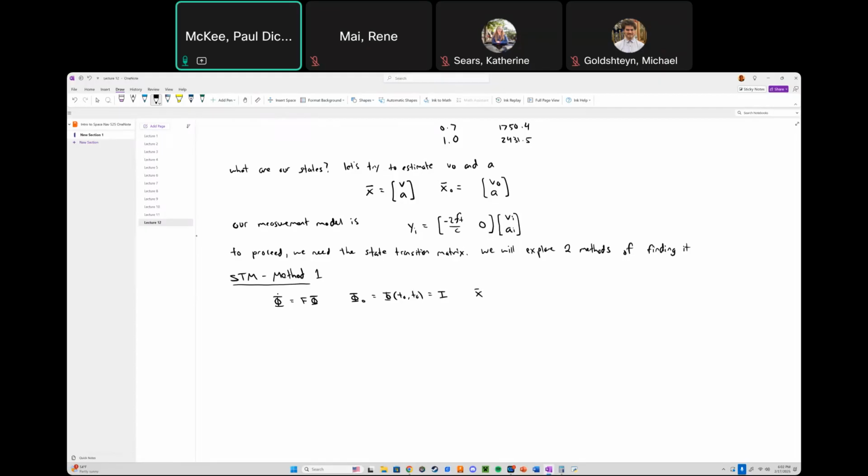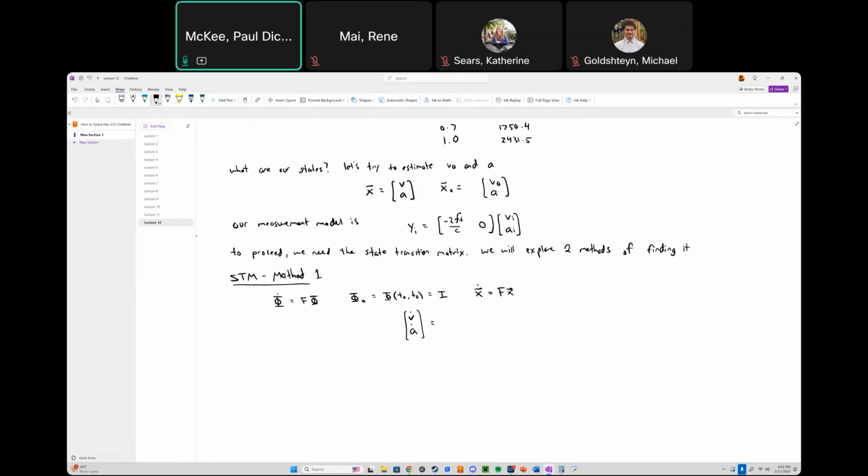And we also know that the relationship between the state and its derivative is the same as the relationship between phi and its derivative, and it's this matrix F, which we might like to better understand. So let's say we've got our velocity dot and our acceleration dot. That kind of gives us this.